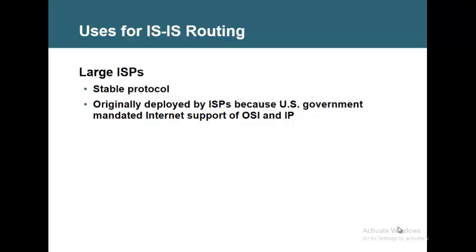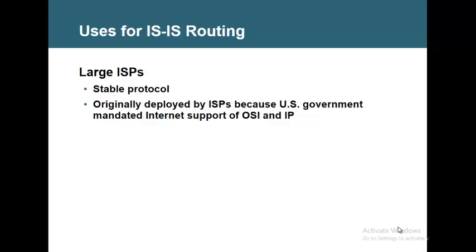Now, what is special in ISIS? It's a protocol that can be enabled in an ISP. An ISP is a large network, and in a large network, ISIS is a suitable protocol.